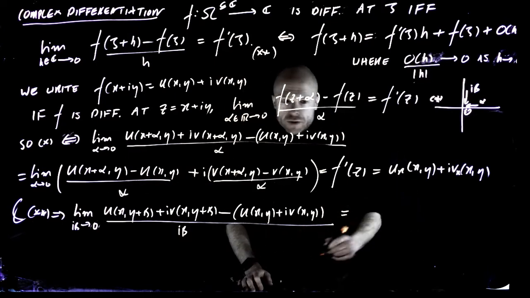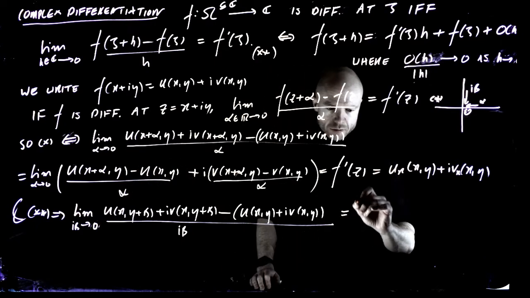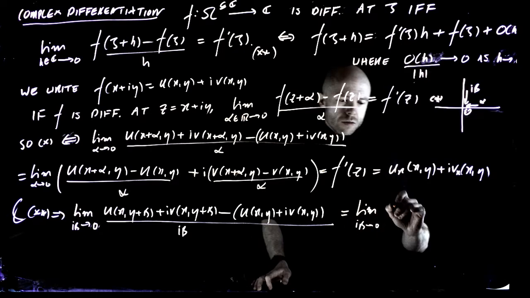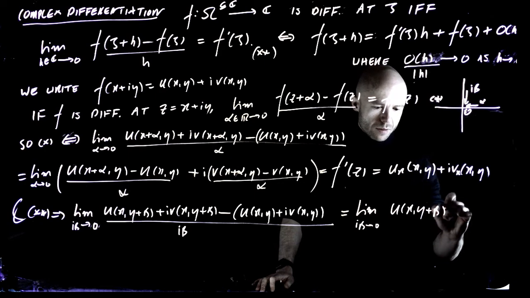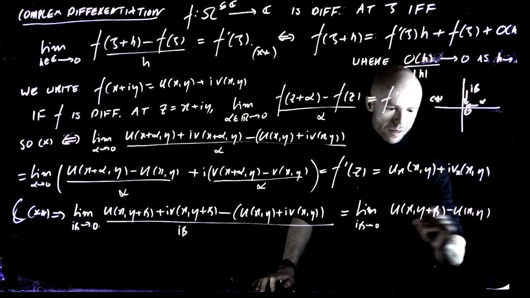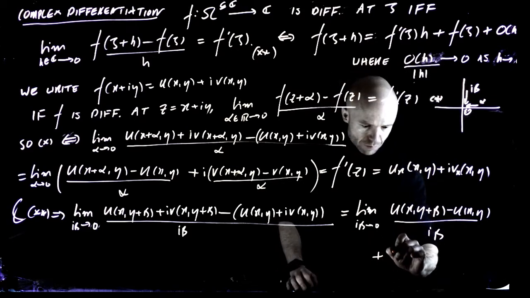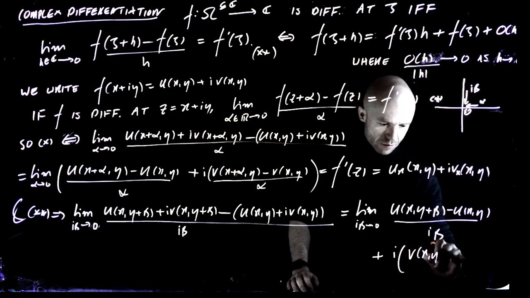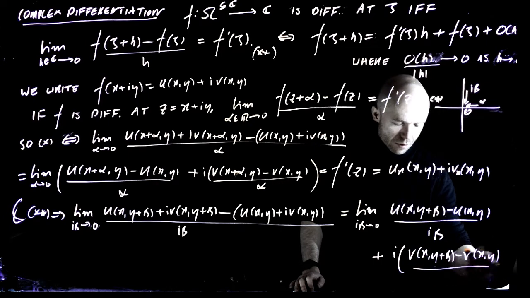So we have the limit as i beta goes to 0 of u of x, y plus beta minus u of x, y over i beta, plus i times v of x, y plus beta minus v of x, y over i times beta. Yeah?